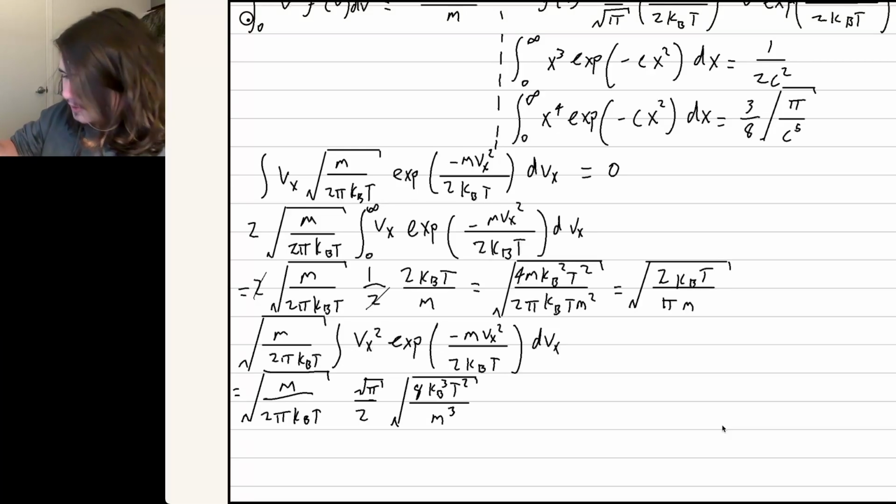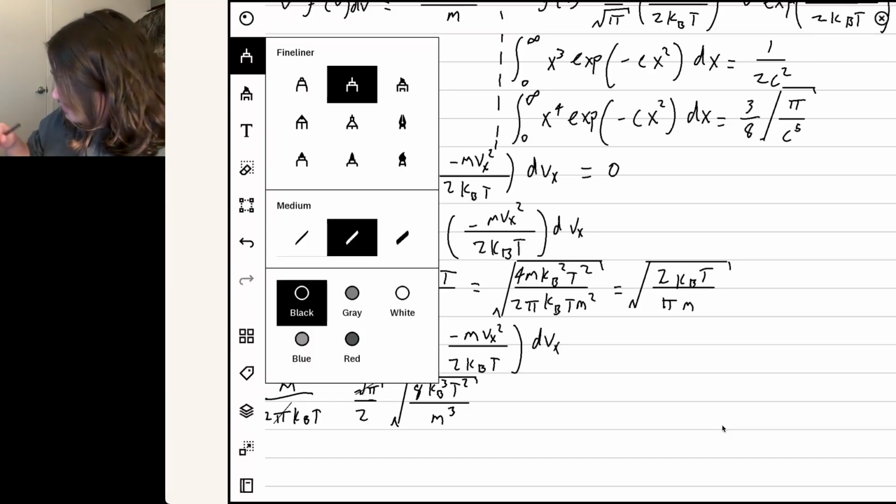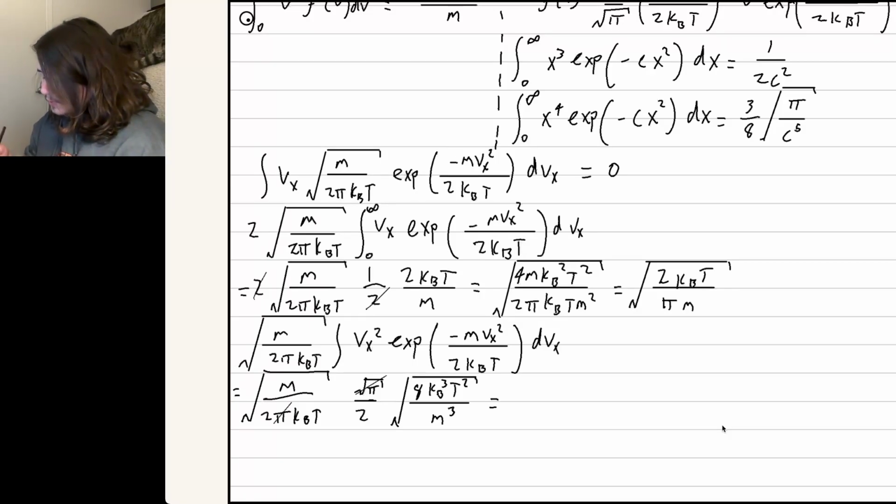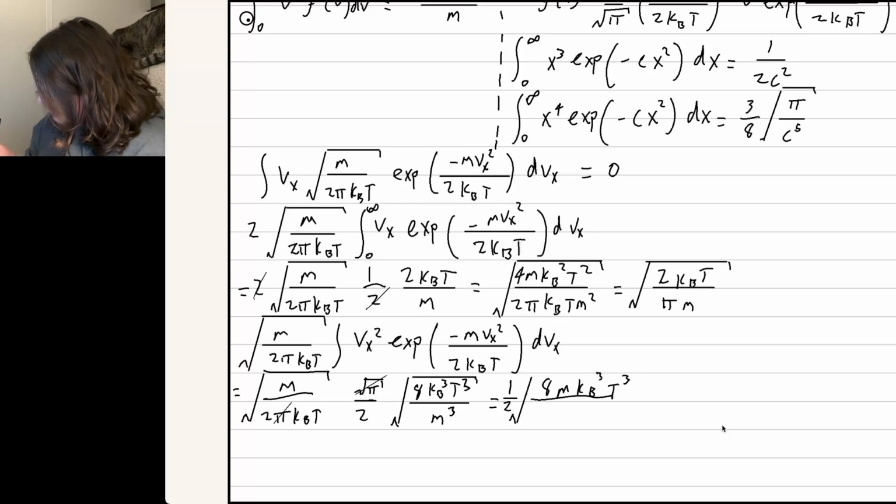What's cool is that the square root pi gets canceled out. We can combine the radicals. So you'll have 1/2 out front, 8m kb cubed t cubed over 2 kbt m cubed.